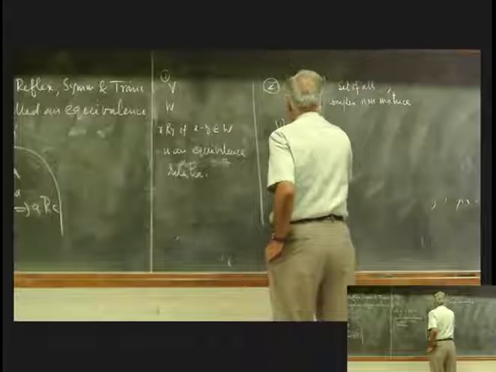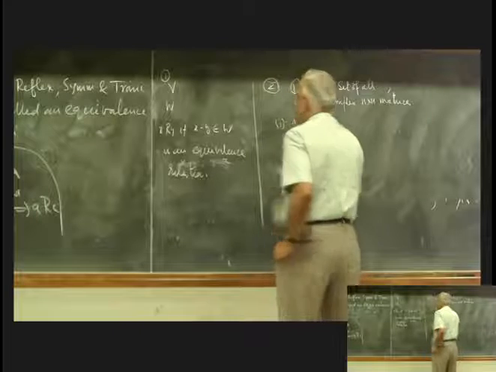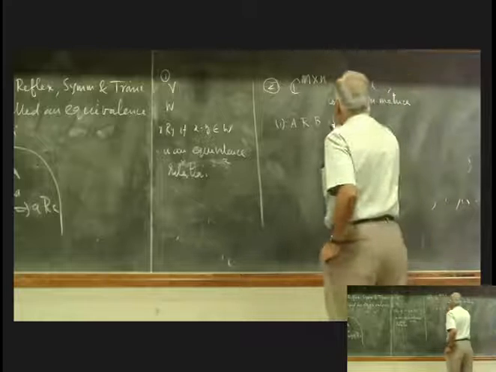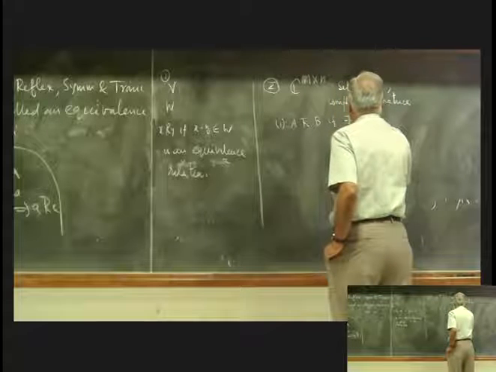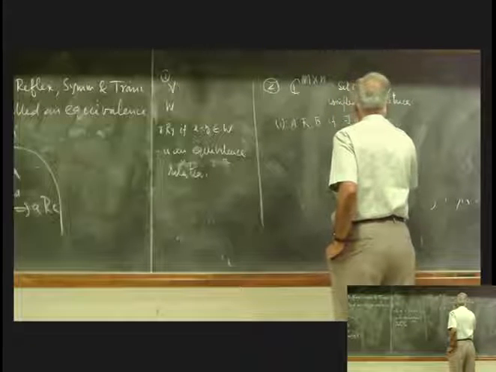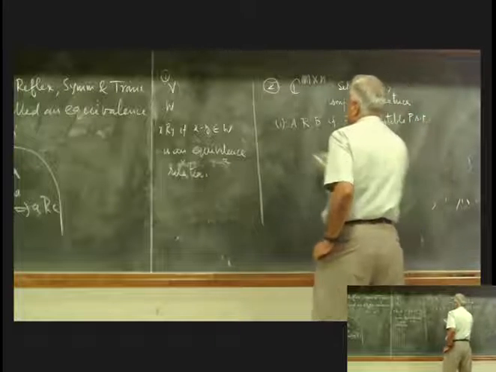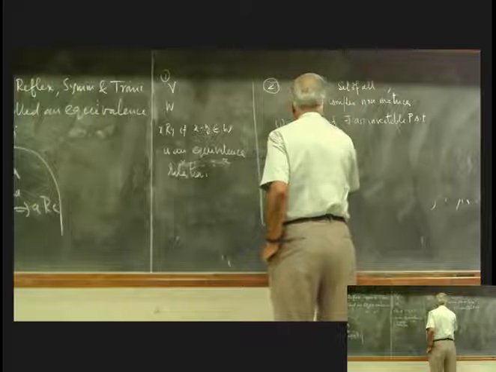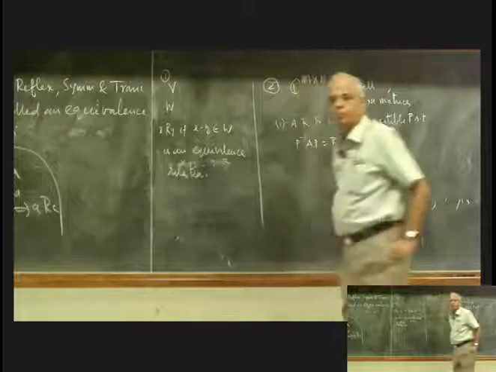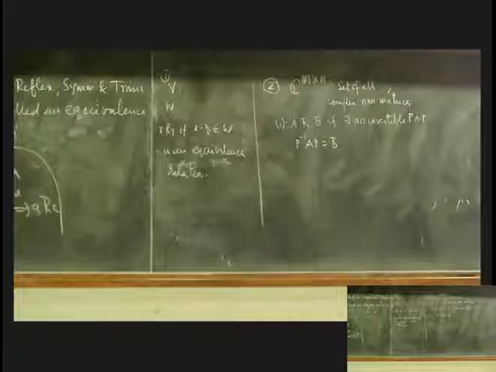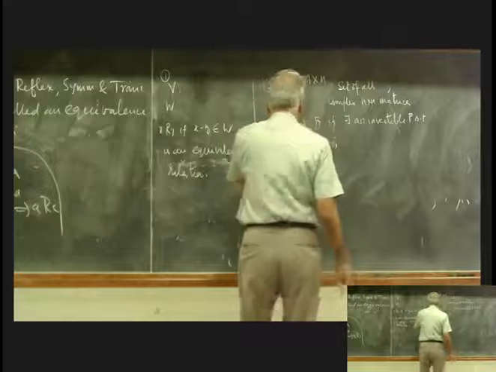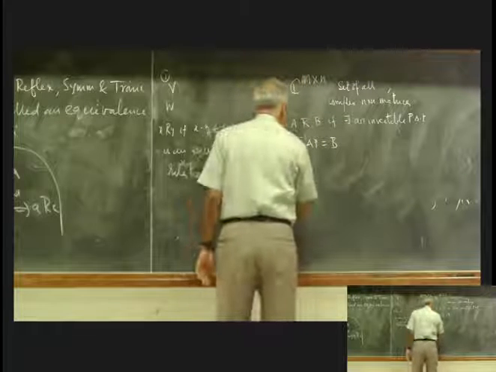So I say a matrix A is related to a matrix B if there exists an invertible P such that P inverse A P is equal to B. This is what is known as the similarity relation, okay, between matrices. Then this is an equivalence relation.